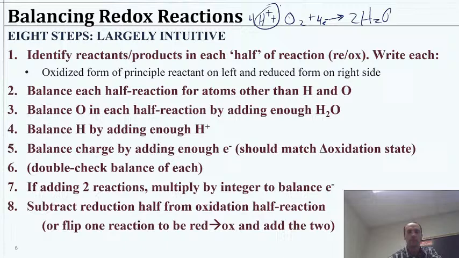Okay, so I might have been overcomplicating it there for yourselves, but we're just adding enough of it so that it balances out, and we're good. So now, part 6, we're going to double check the balance for each side and each half reaction, make sure everything's good. And by the way, we can stop and double check: when I said it should match the change in oxidation state, we know that oxygen was going from 0 to a 2 minus, right?